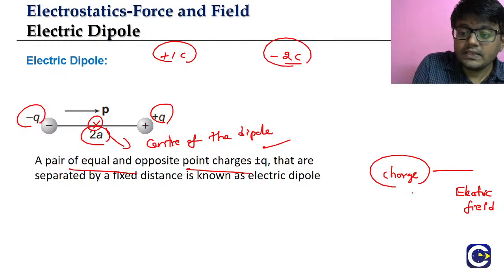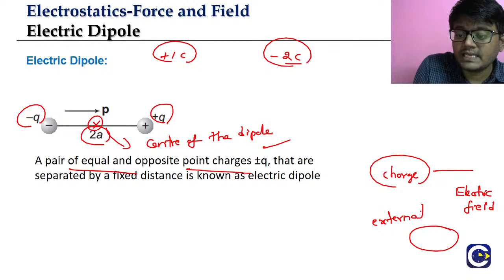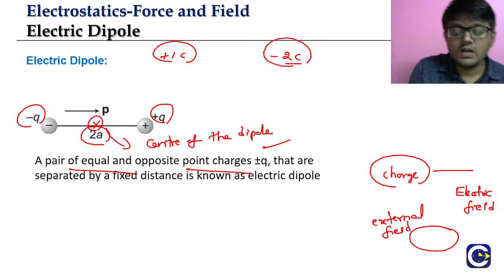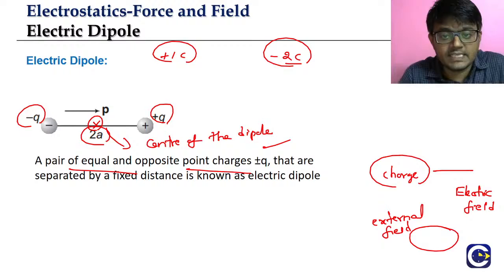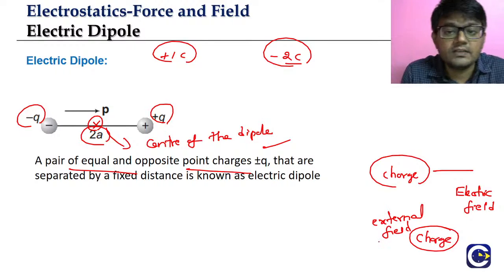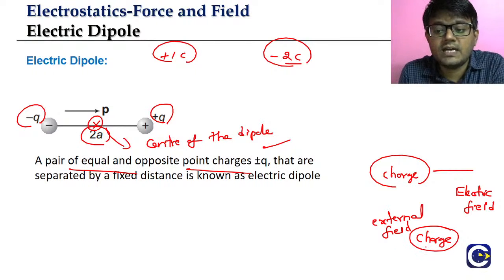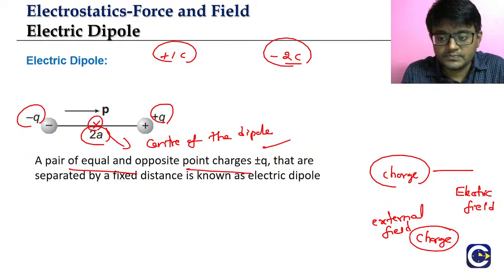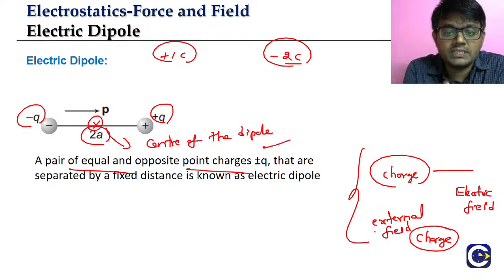And if this charge is present in some already existing external field, if this charge is taken into the external field, then what did we study? That this charge will start experiencing force. So this is what we have studied about the charge.